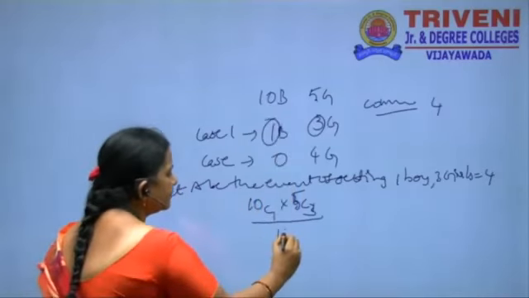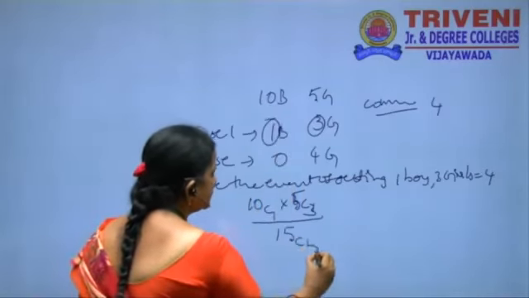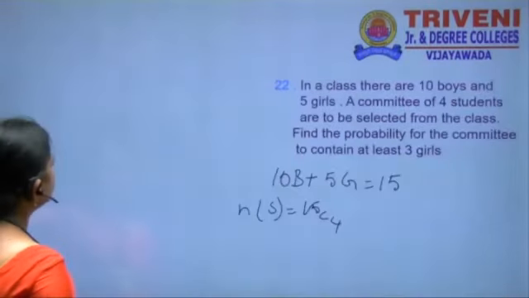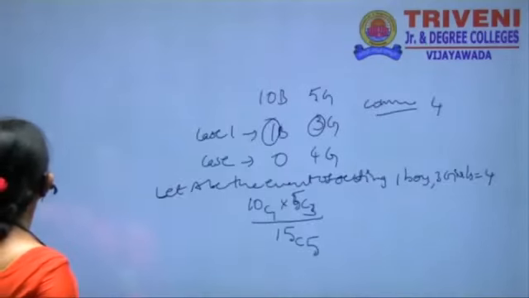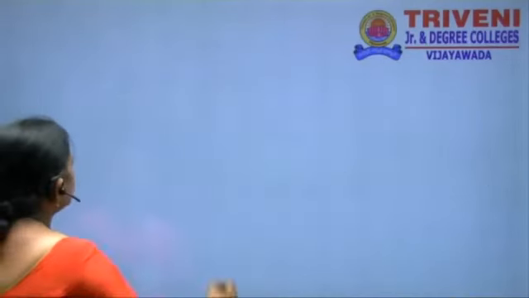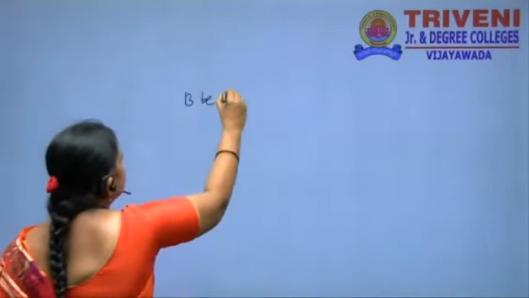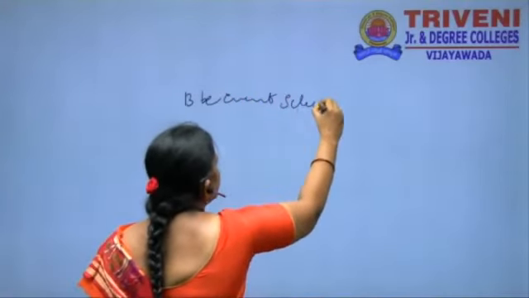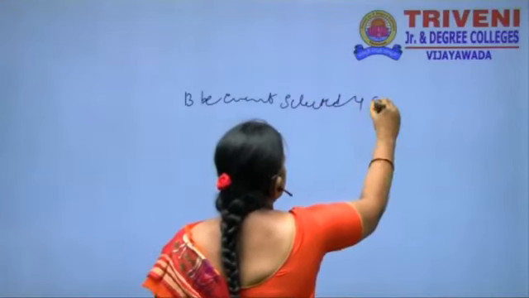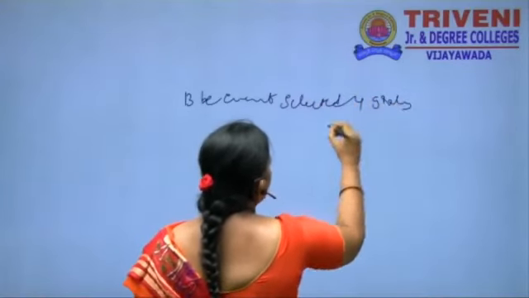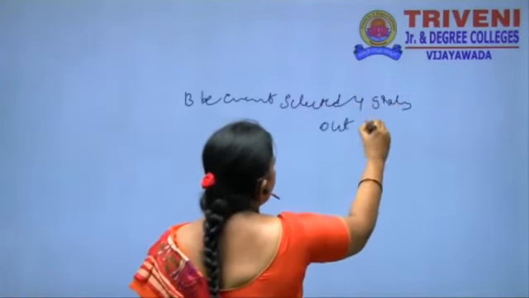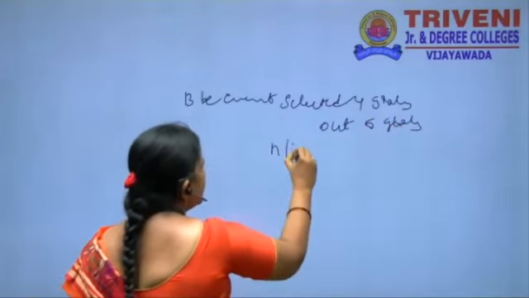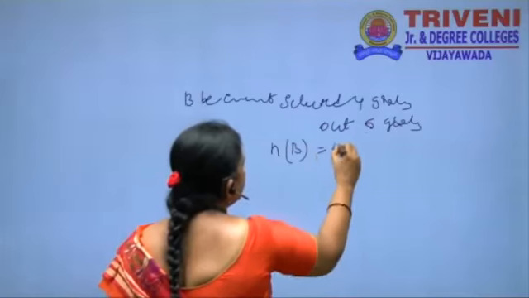By total is 15C4. Next, B be the event of selecting 4 girls. Out of how many girls? 5 girls. Out of 5 girls, that is, n of B is equal to 5C4.